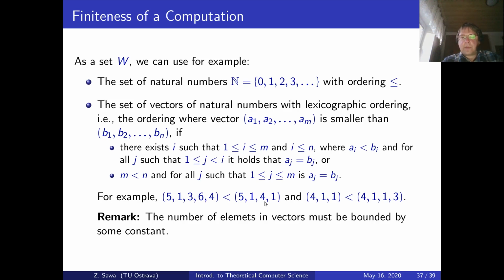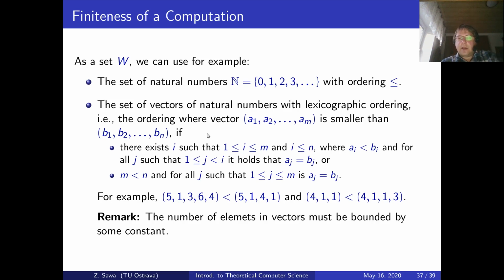The vector where the value on that position is greater will be greater. We could even consider vectors of different dimensions, like here of dimension 5 and here dimension 4. So this vector is greater because 4 is greater than 3.